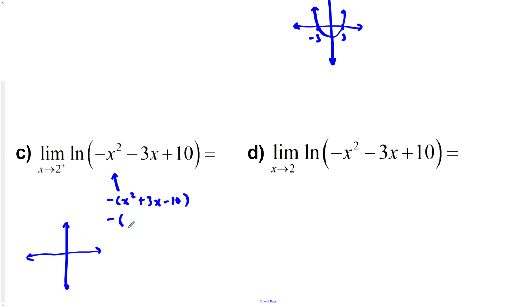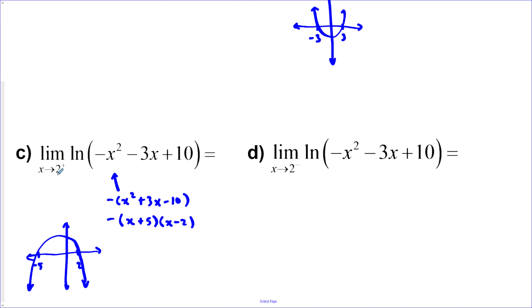And then we can say x plus 5, x minus 2. So that means we've got an x-intercept at negative 5 and an x-intercept at positive 2. And this has got a negative leading coefficient, so it opens down. So that's a rough sketch of my quadratic argument here.